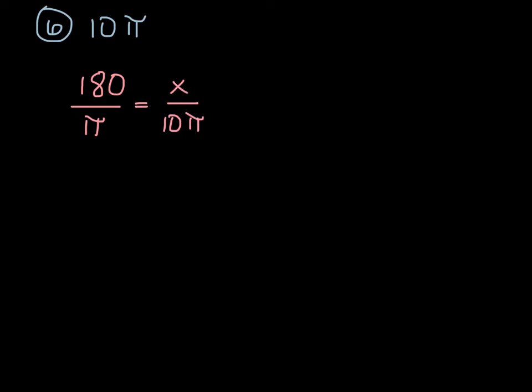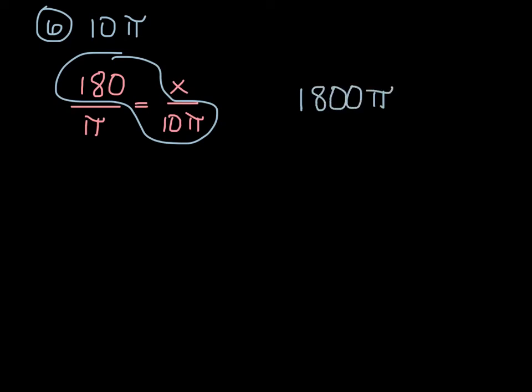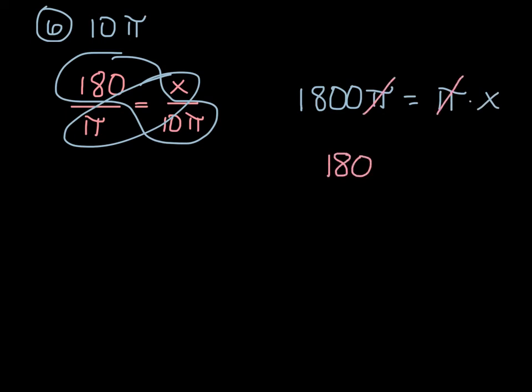When I multiply, I'm going to do 180 times 10 pi, okay, which is going to be 1800 pi. Just did 180 times 10. That's going to equal pi times x. And let's get rid of those pi's, and I find out that this is actually equivalent to 1800 degrees.